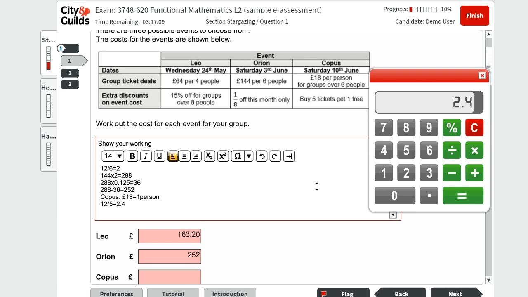This is telling us that we can apply the price of 18 times 2, times 10, even though there's 2 groups. So we find the cost of 10 tickets, which is 180, and then we know that 2 will be free, so 2 people are not paying. So this is the price for Corpus.